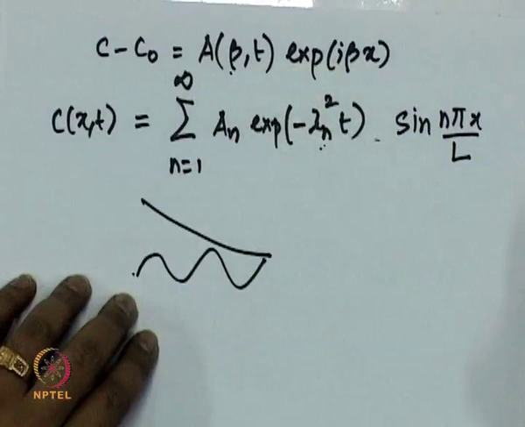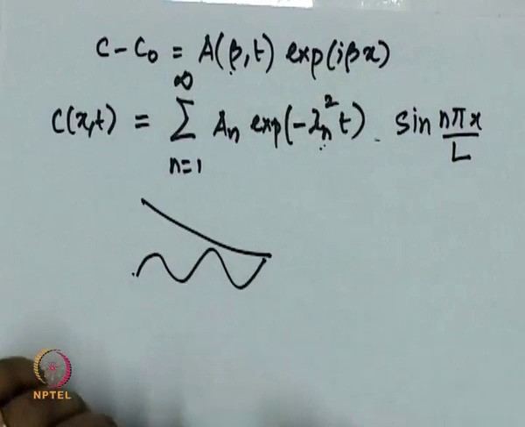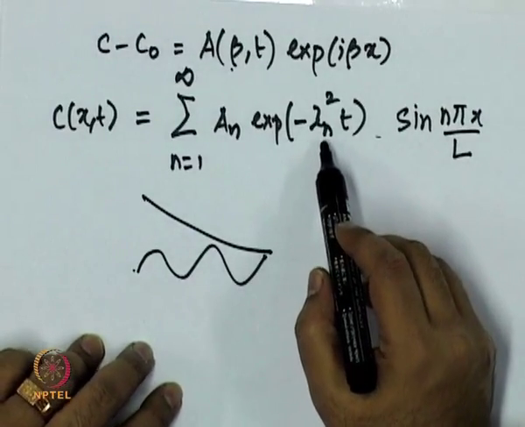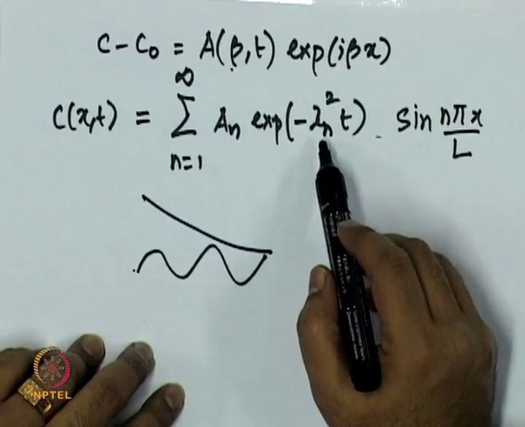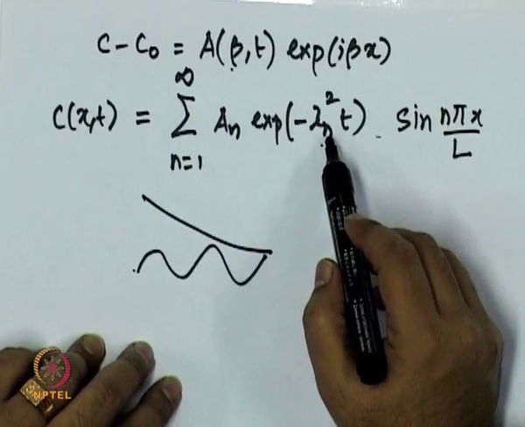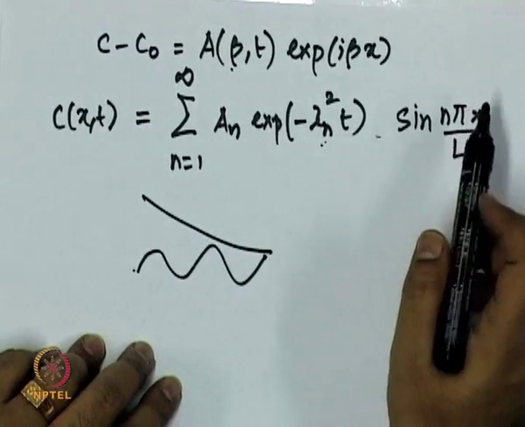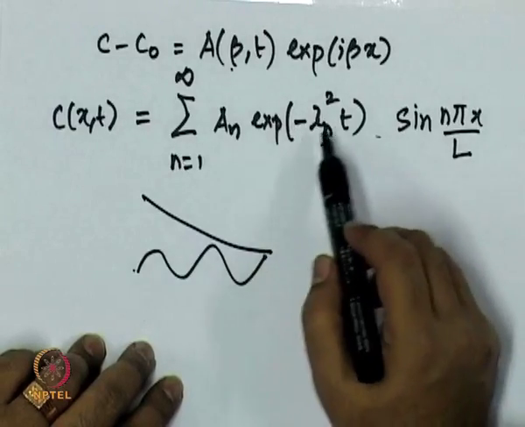And this is what we were also trying to plot and show. So, if you look at this solution, there is this exponential lambda n squared. Remember, lambda n was involving diffusivity, and if the diffusivity has some negative value, then this is going to be positive. So, this exponential is going to grow.